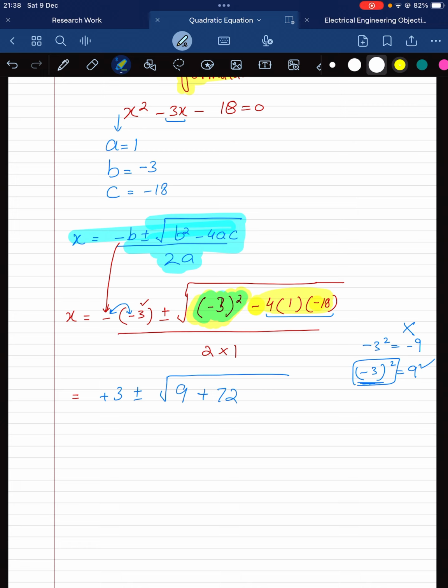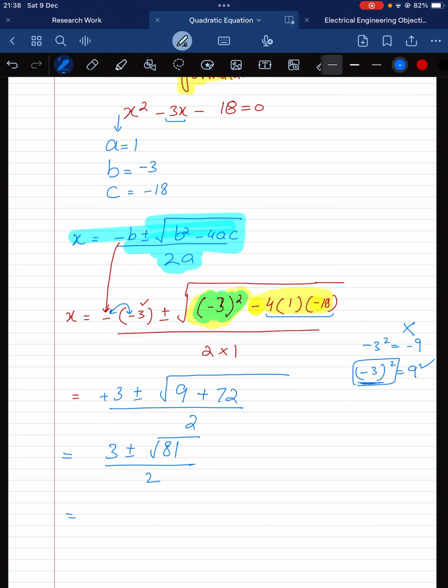If you don't multiply the signs, you will get a minus at this place, and then you will not get the answer. So 9 plus 72 over 2, so 3 plus or minus the square root of 9 plus 72, which is 81, over 2.